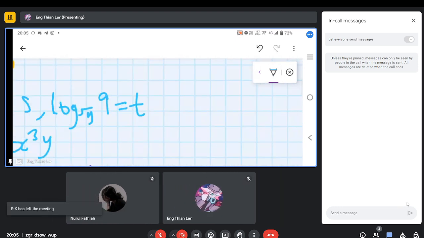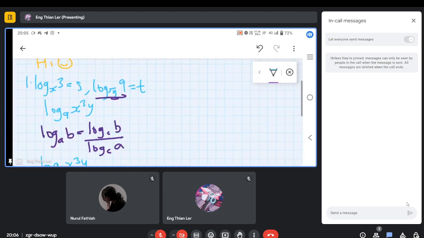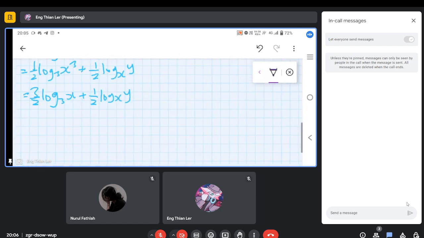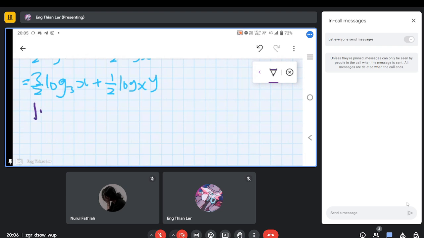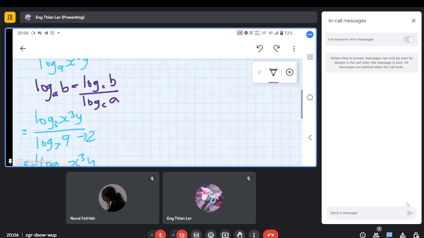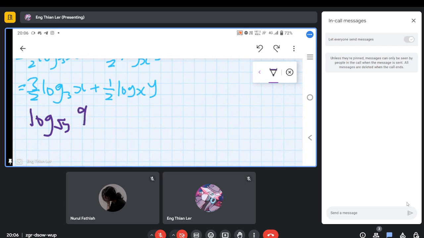Look at this. The base here is square root of y. We need to change the base from square root of y to y, so let's do this extra step. So we have log base square root of y of 9, and this is equal to t.